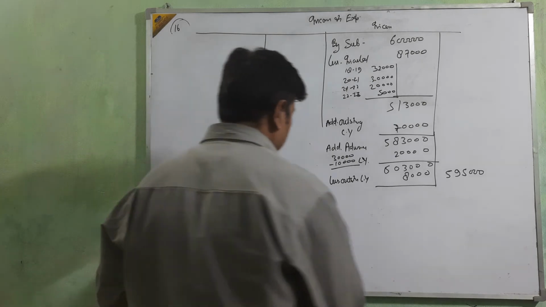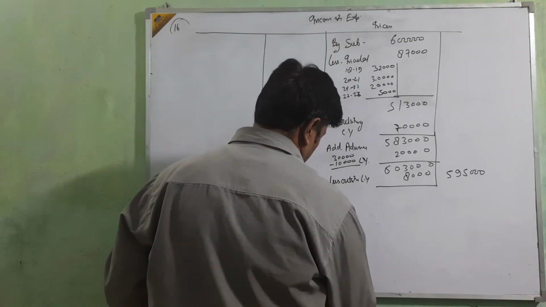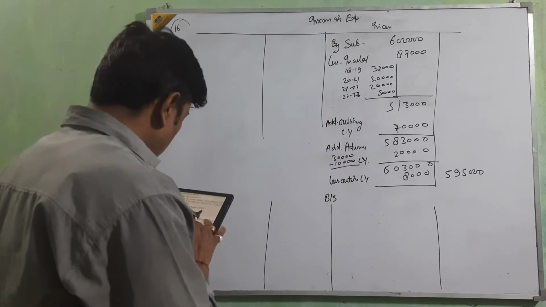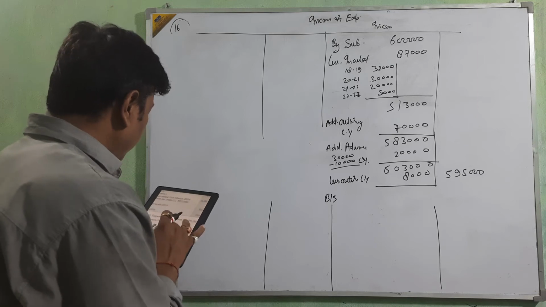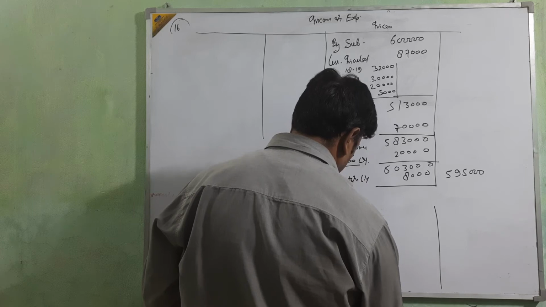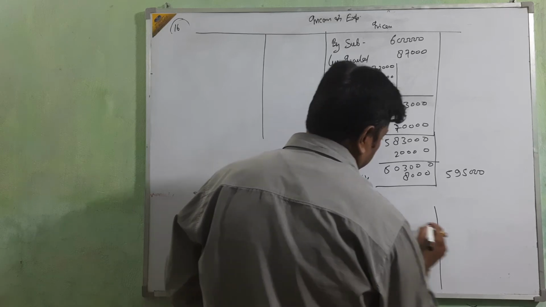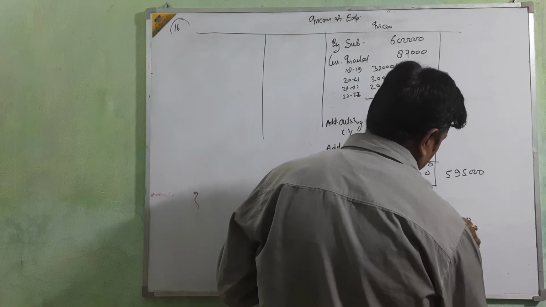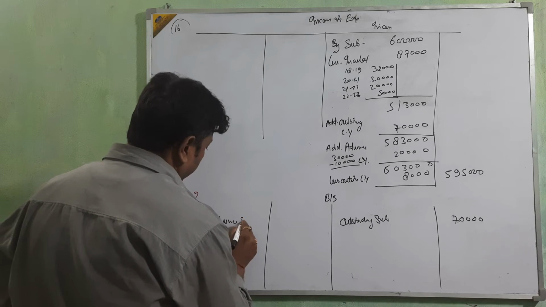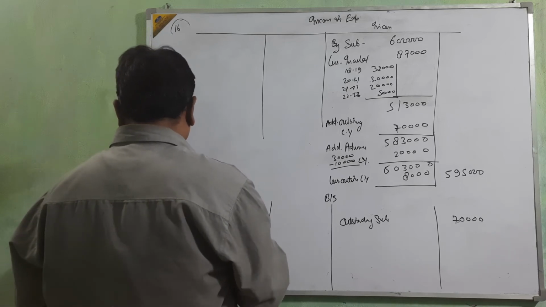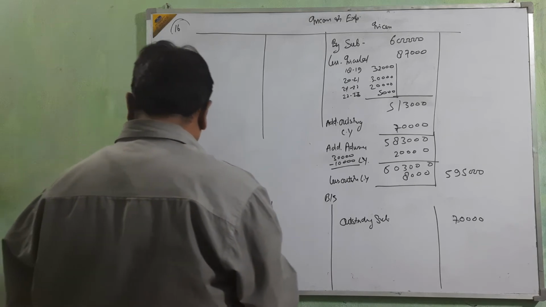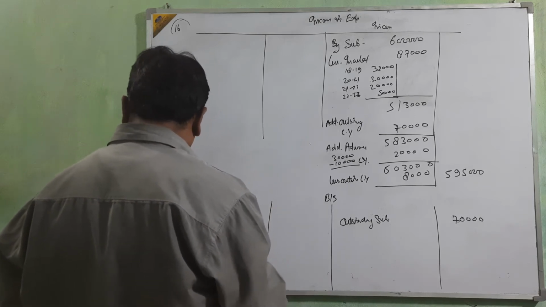For 2020 I will make the balance sheet. This year outstanding subscription in 20 is 70,000, and advance subscription just see 2021, 21, 22, 22, 23.